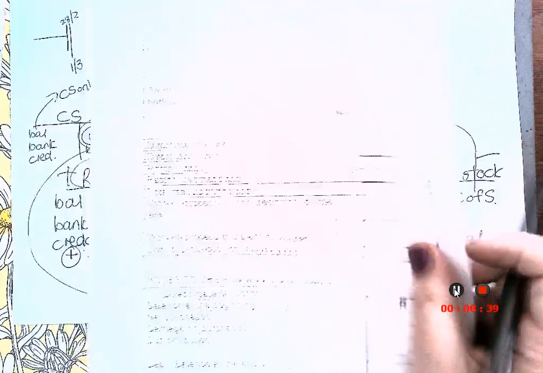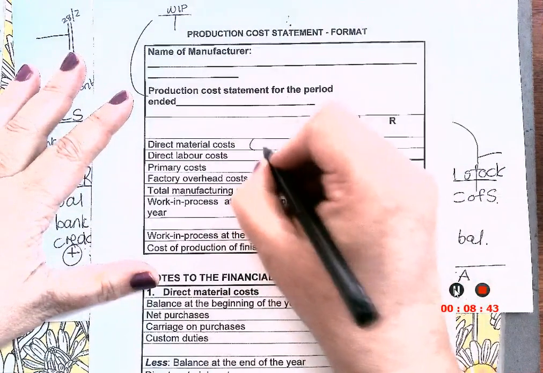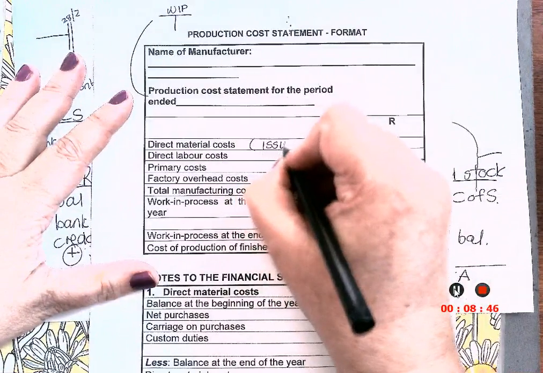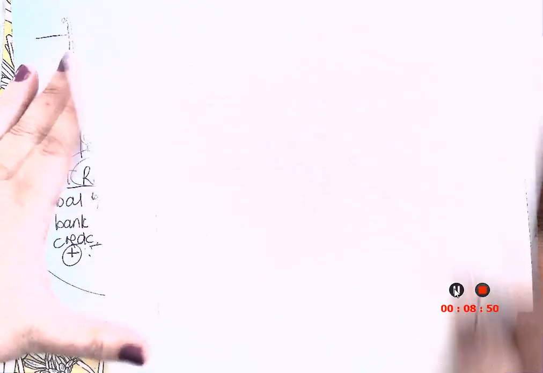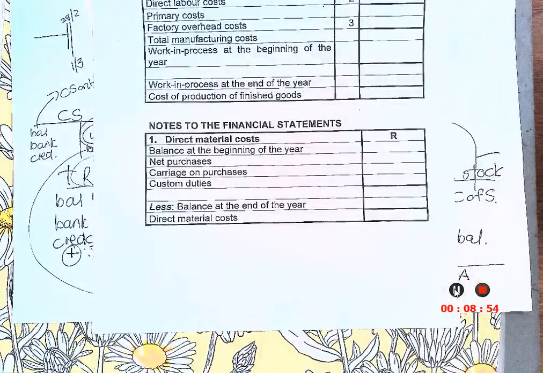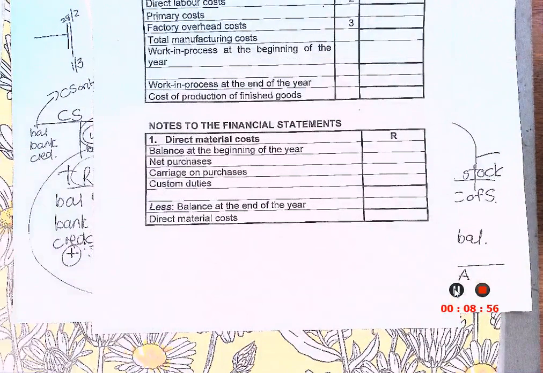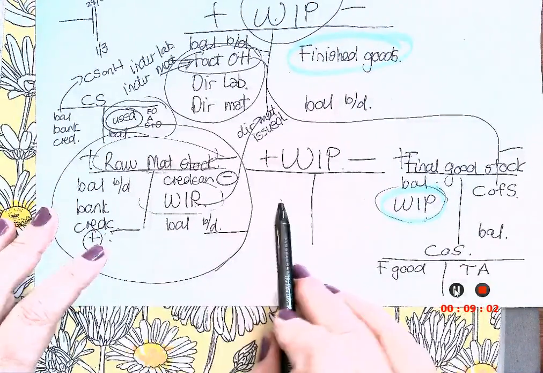Just very important, your direct material is the one that is issued to work in process. And can you see, here's the note. Now remember what T I did. I did the T somewhere. Can you see? Opening balance, closing balance, buying, giving to work in process.